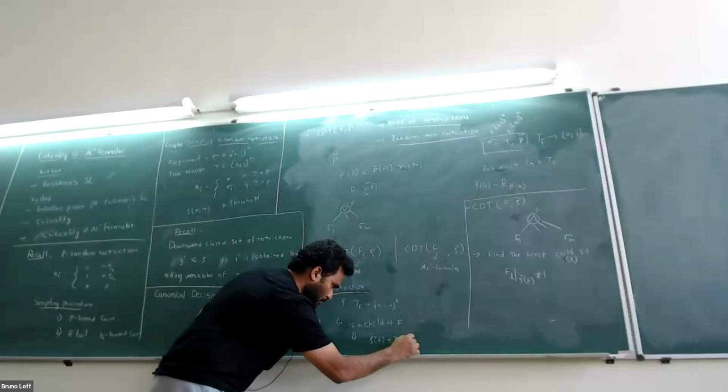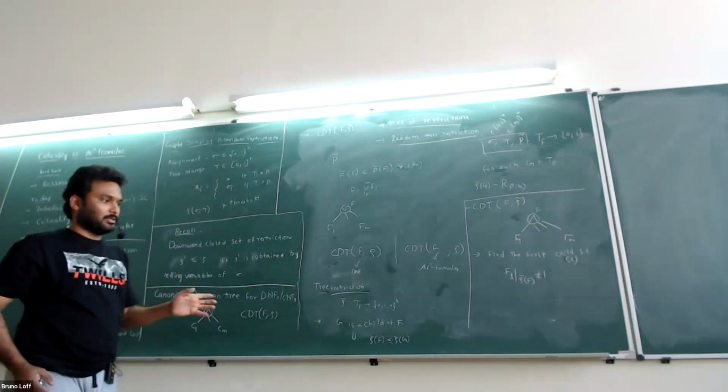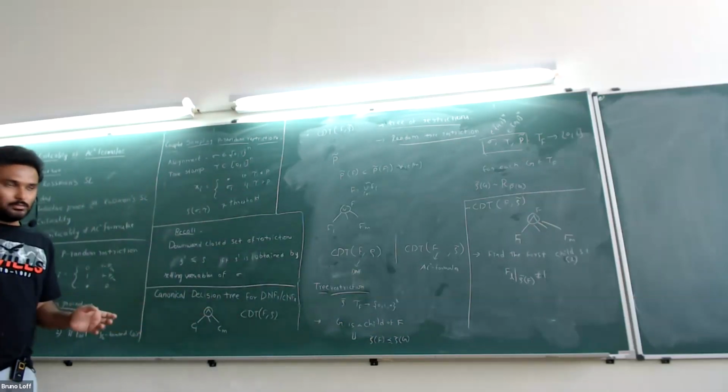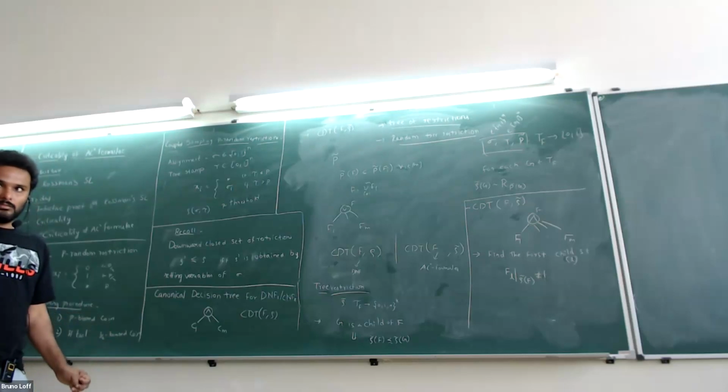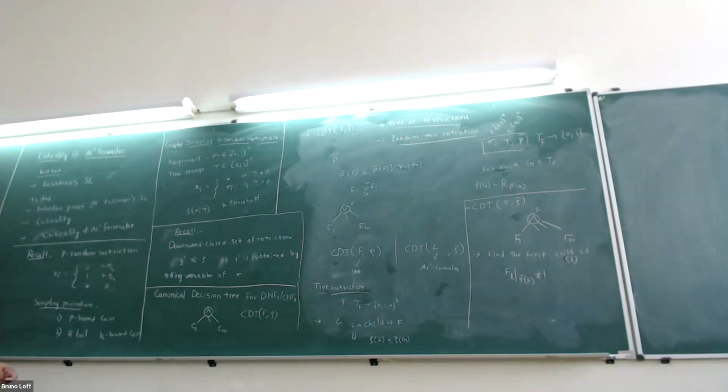I see. Total F is obtained by setting more variables. Okay, but then isn't it the other way around? If P is bigger, then I have fewer variables constrained, right?